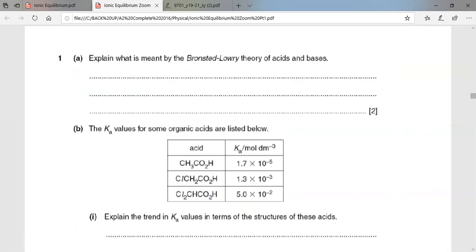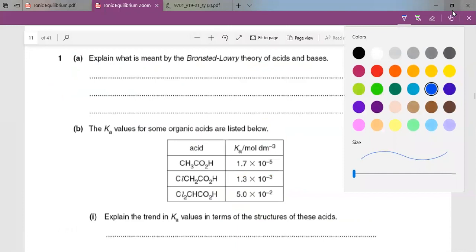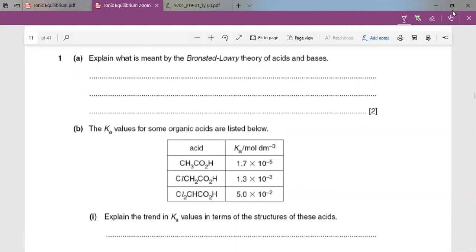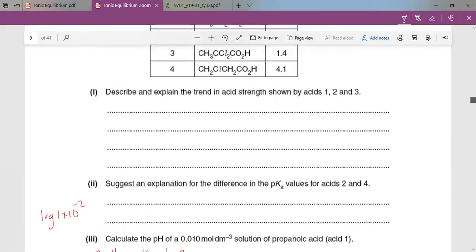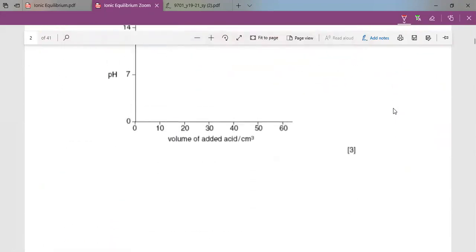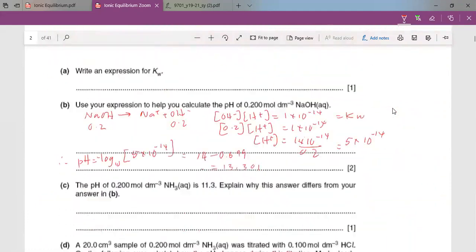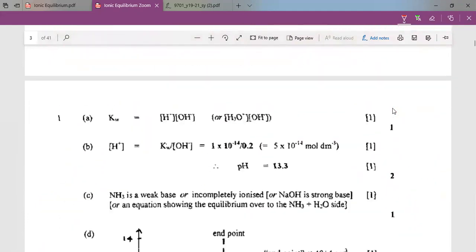Remember, you did this in your lower 16. Lowry and Brønsted: acid and base. It is a proton donor and a proton acceptor.